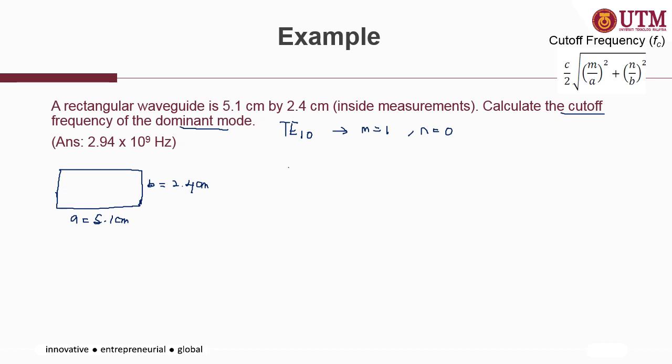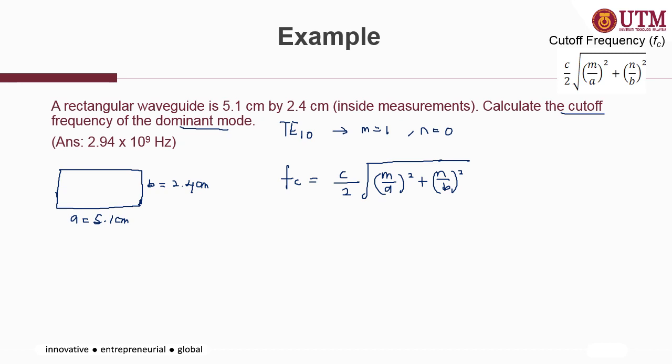FC equals c over 2 times the square root of (m over a) squared plus (n over b) squared.